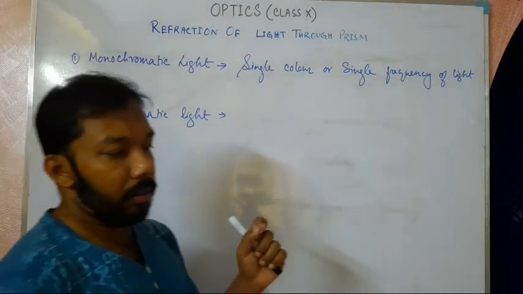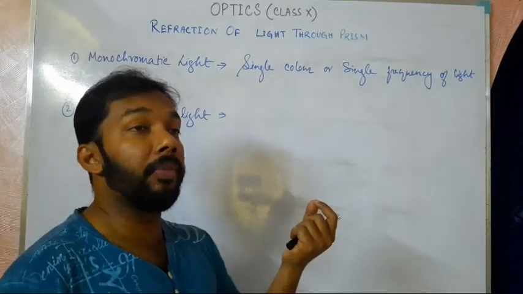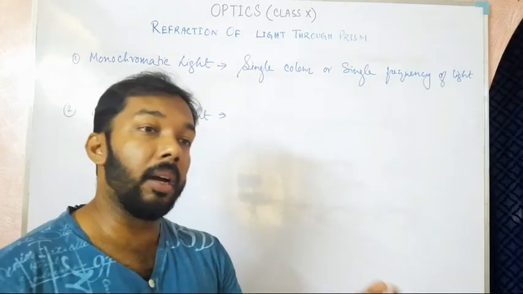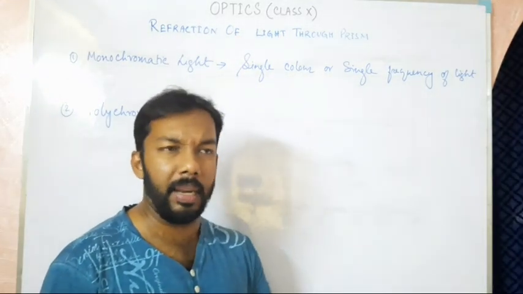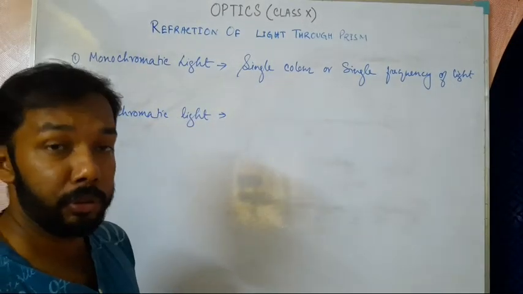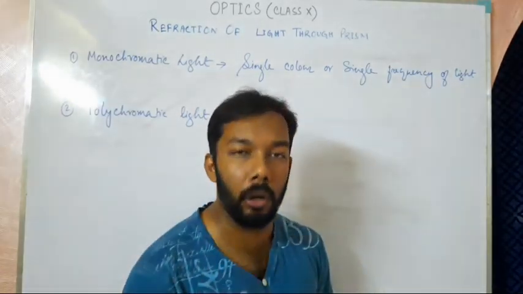Now, each color, suppose yellow, has a particular wavelength of 5890 or whatever like that, 86 angstrom. So this particular value corresponds to only yellow light.